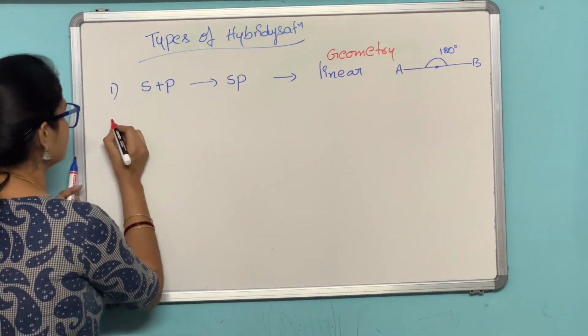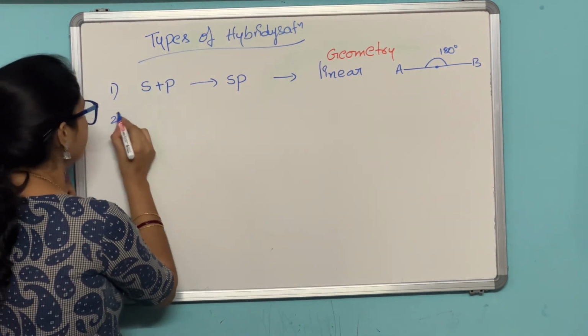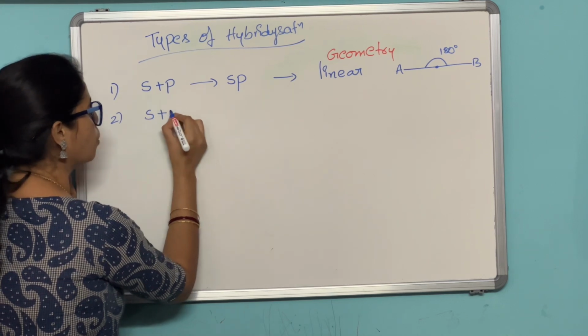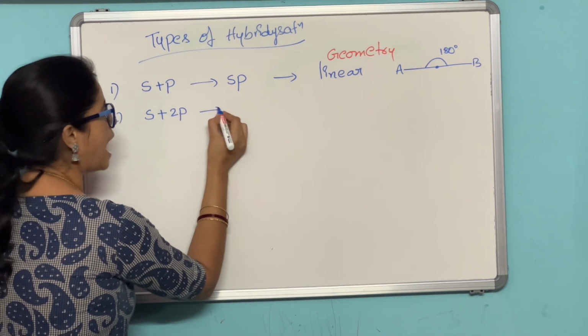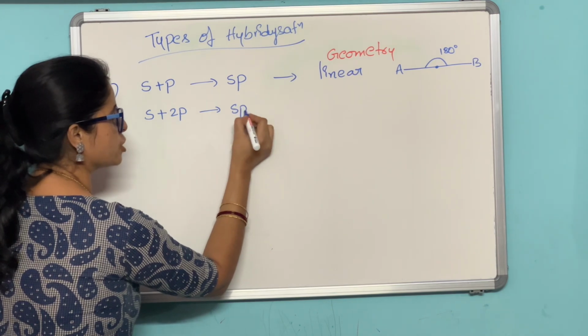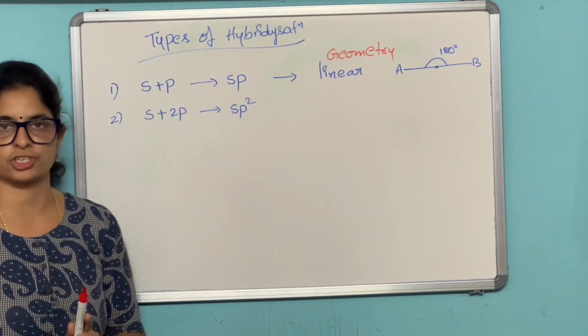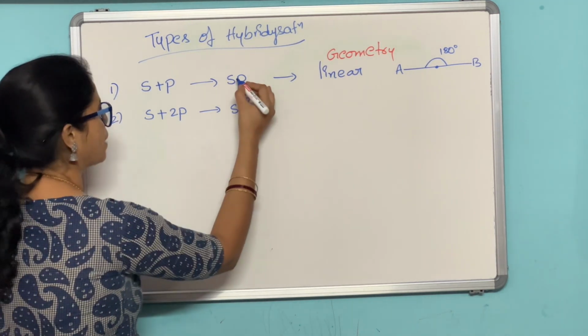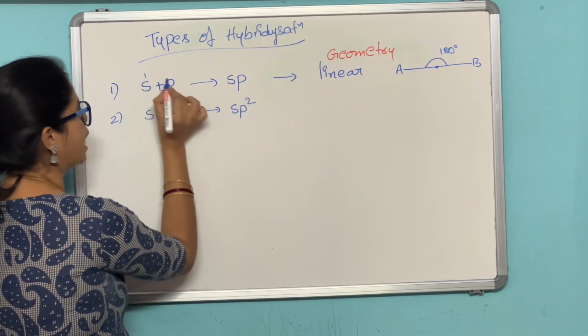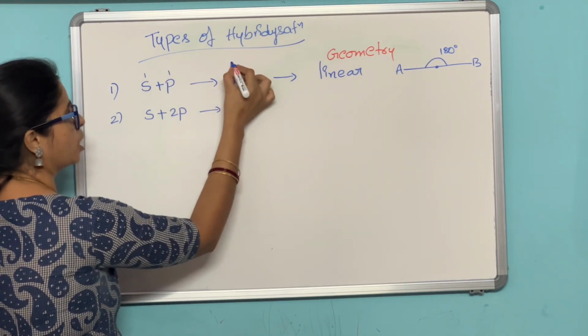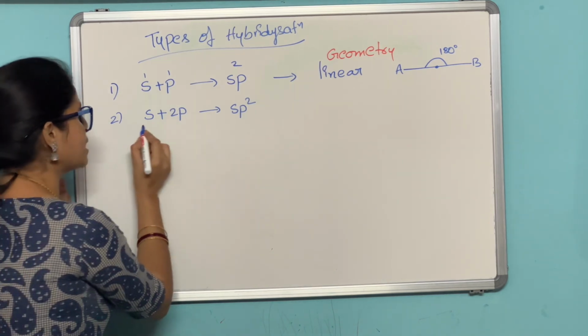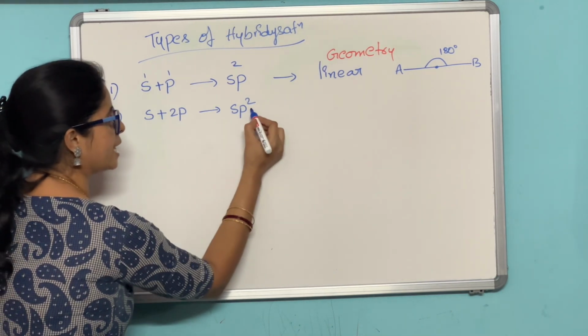The second one: if one s orbital and 2 p orbitals overlap, the type of hybridization is sp2 hybridization. How many hybrid orbitals are there? One s orbital and one p orbital give 2 hybrid orbitals; one s orbital and 2 p orbitals give 3 hybrid orbitals.